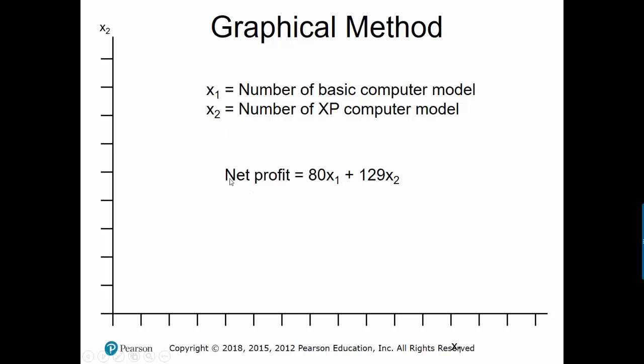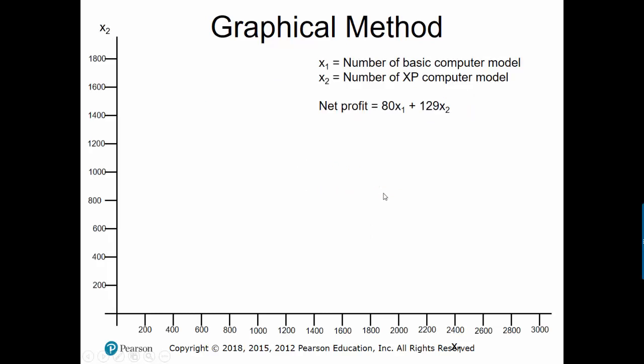Now let's try to understand how the profit works here. The net profit we modeled as 80 x sub 1 plus 129 x sub 2, right? Suppose we want a net profit of 103,200. We can get that net profit by producing 1290 of x sub 1 and nothing of x sub 2.